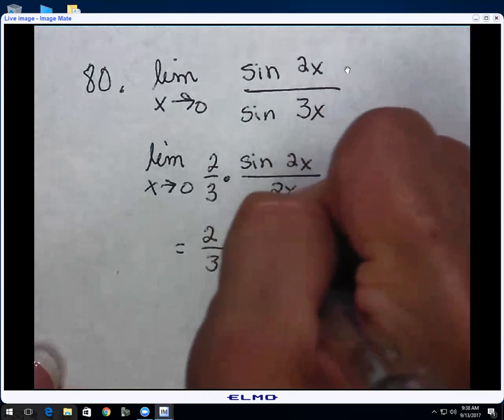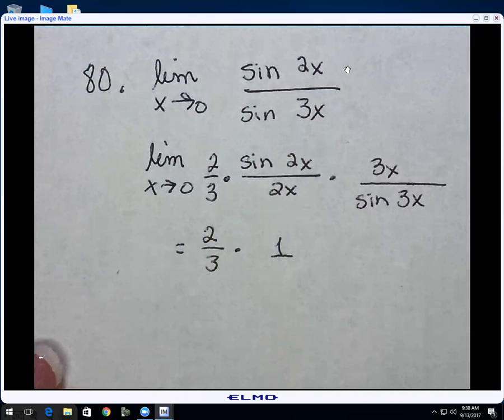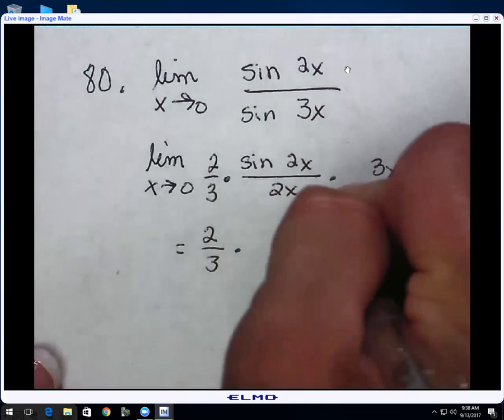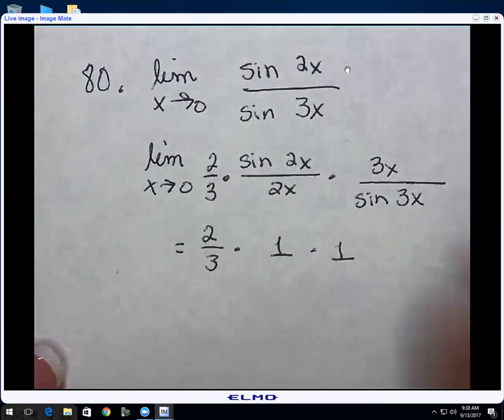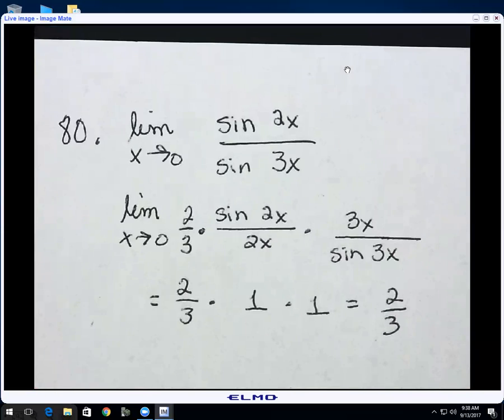That's 1. That's sine of duck over duck. And the last one's duck over sine of duck. The limit as x approaches 0 of that is what? 1. So what's that answer? Yep. What the heck?